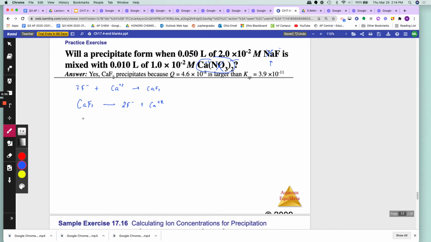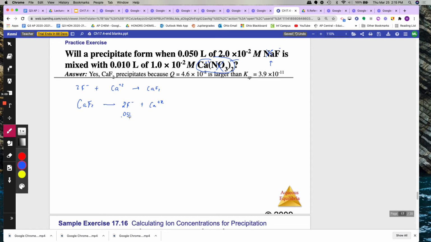Okay, the givens are, we have F minus 0.05 liters, and you have 0.02 molar.